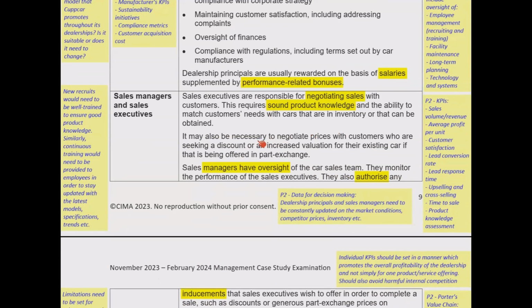Now, the sales executives are the people responsible for actually negotiating a sale. So obviously that word negotiation and their skills in that are going to be very important. And of course, they're going to have good product knowledge to give good advice to the customer. It's not good for the reputation of the dealership if they sell, for example, the most high spec car to a customer who might be, for example, of an older generation.